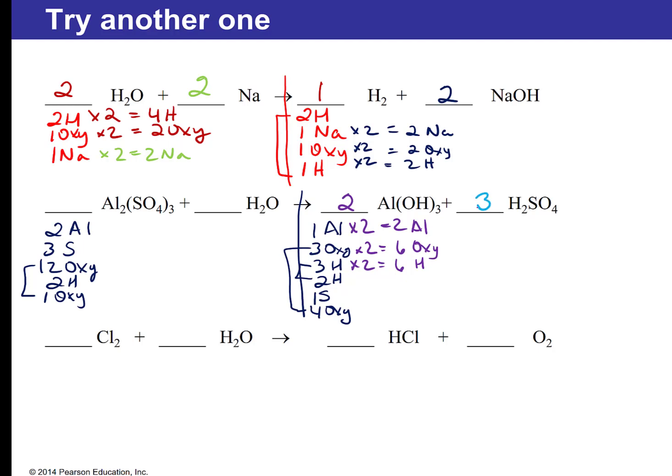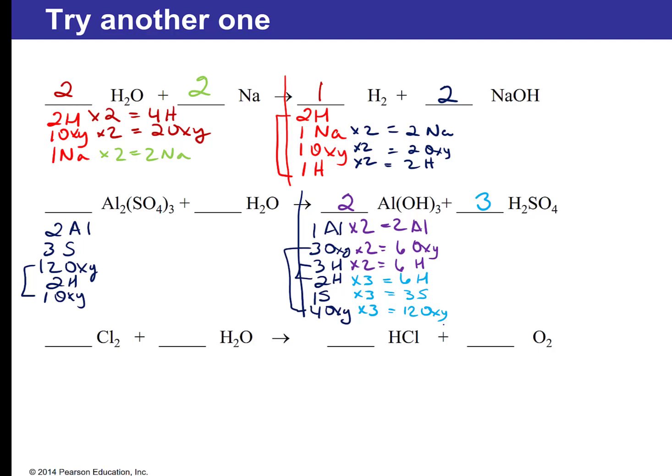So each H2SO4 has 1 sulfur, so I need 3 of them. So you put a 3 in front. I have to multiply all of the components of that molecule by 3. And you're like, geez, now you have a holy mess. 2 aluminum though, 3 sulfur, 3 sulfur.